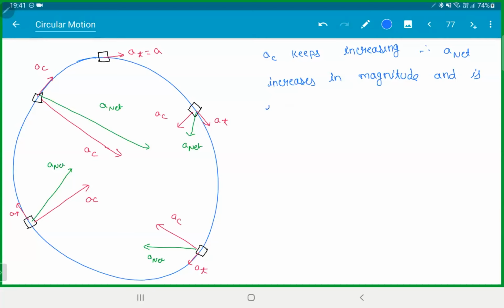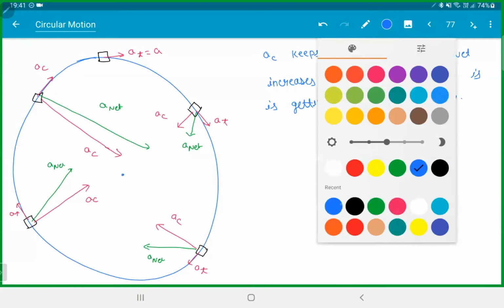It is getting closer to the center, but it is not going towards the center. Now tell me one thing, who is providing this net acceleration?